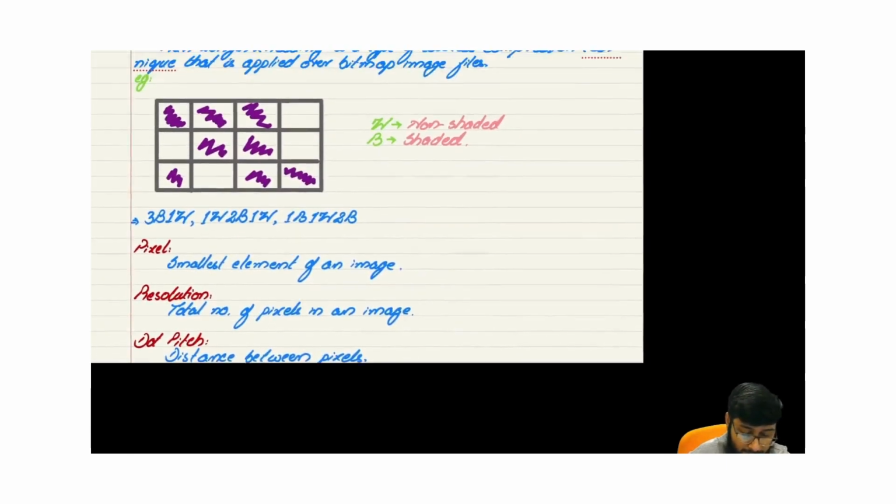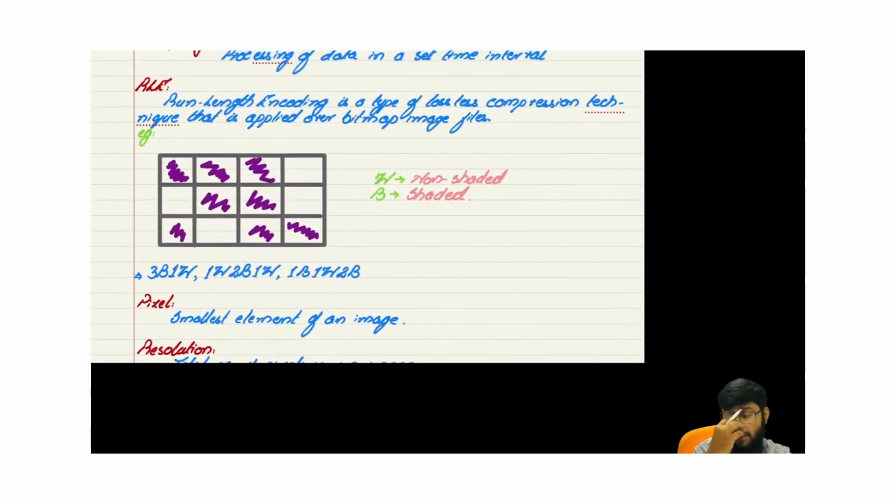Coming towards the RLE. RLE is a type of compression technique. It is usually utilized over bitmap images. Now what are bitmap images? Bitmap images are colored images, or they have pixels in them. So RLE is a compression technique utilized for bitmap images. Now how is RLE working?